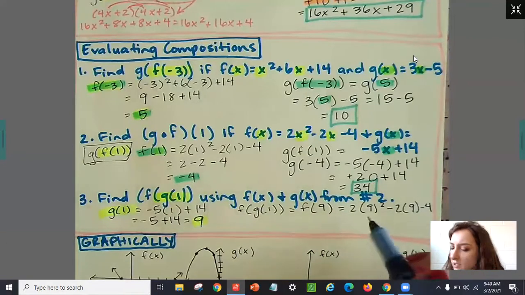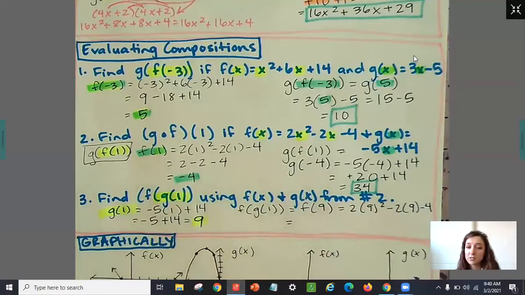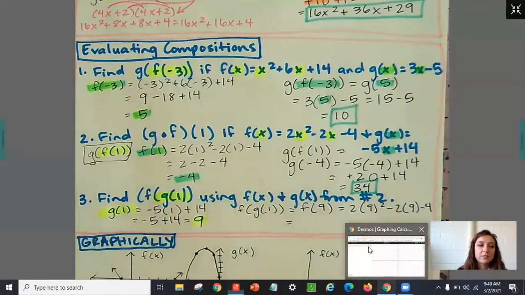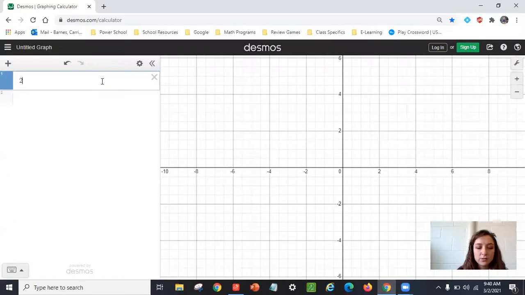I don't particularly want to do this mental math in my head, so I'm just going to type that into Desmos. You could also use a graphing calculator. So let's do 2 times 9 squared minus 2 times 9, and then minus 4. This is going to be equal to 140.